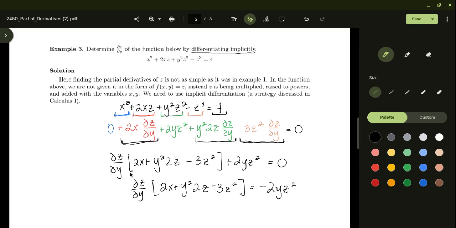Not done quite yet because this term is being multiplied by what's in brackets here. So we're going to divide by what's in brackets here on both sides. And so when we do, we get the partial derivative of z with respect to y is equal to negative 2yz squared all over 2x plus y squared 2z minus 3z squared. And so there we have completed our implicit differentiation.